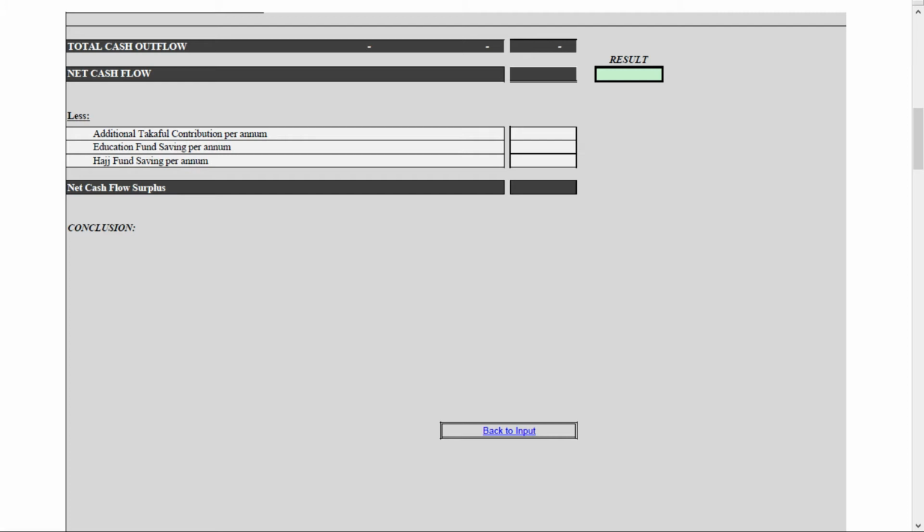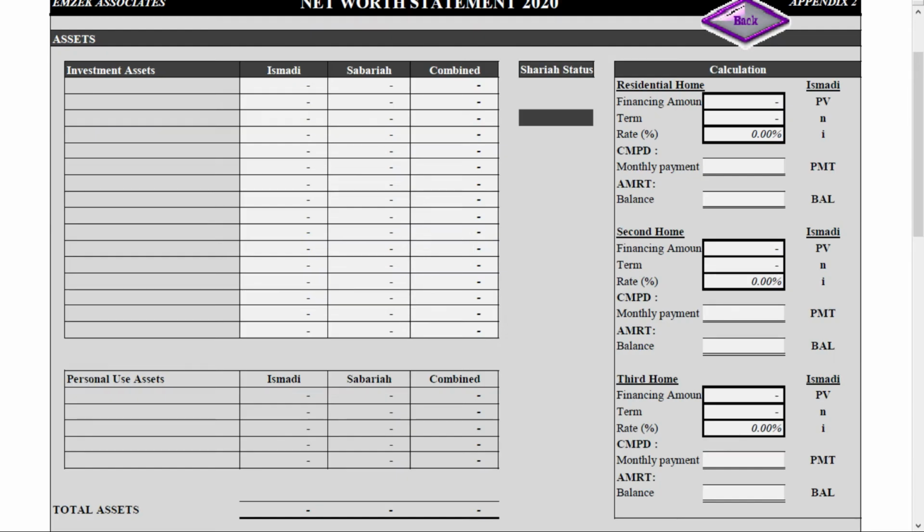After financing the needs mentioned above, the balance shall be invested every year for the purpose of retirement.